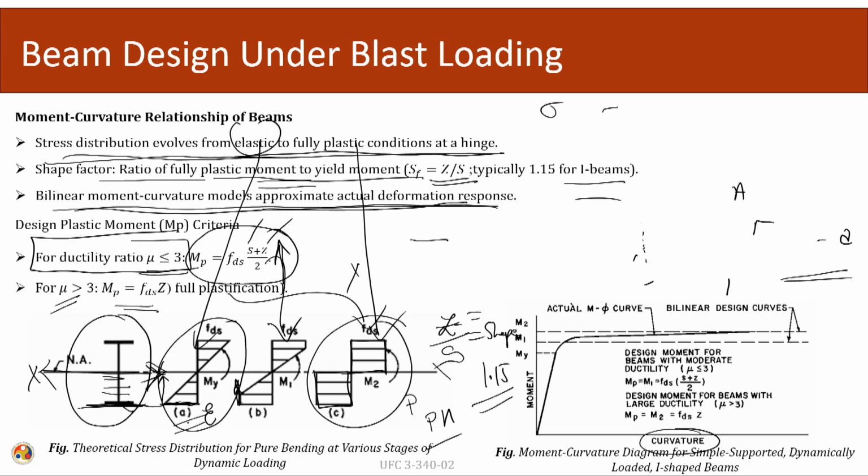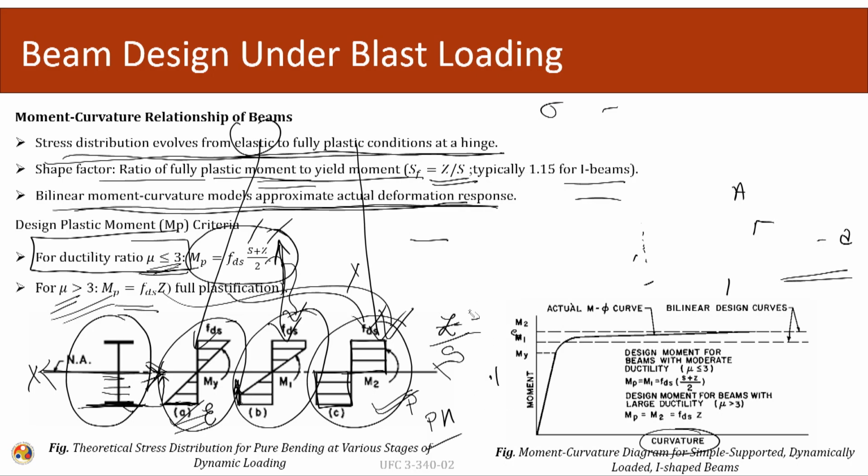This is the fully elastic region, this is the fully plastic region, and there is an intermediate region where the elastoplastic deformation is going on. If the ductility ratio is less than 3, we assume that the system is in the elastoplastic region. If it becomes more than 3, we assume that full plastification has formed.